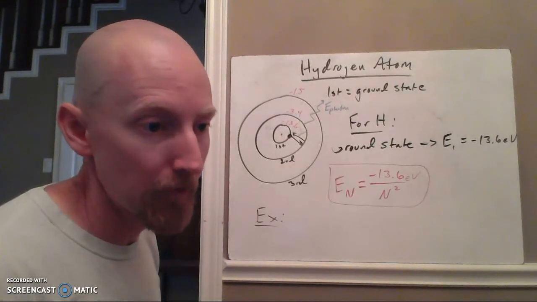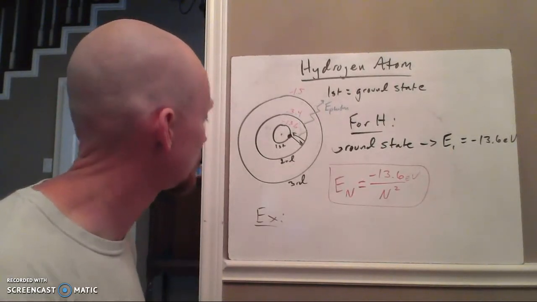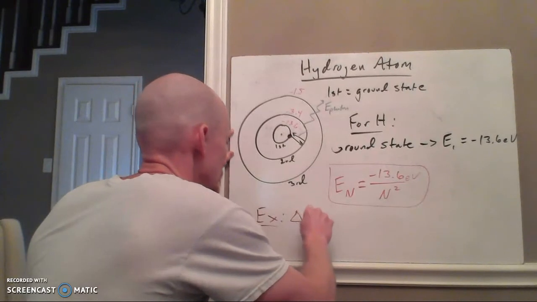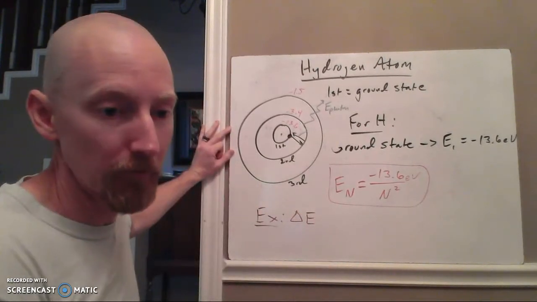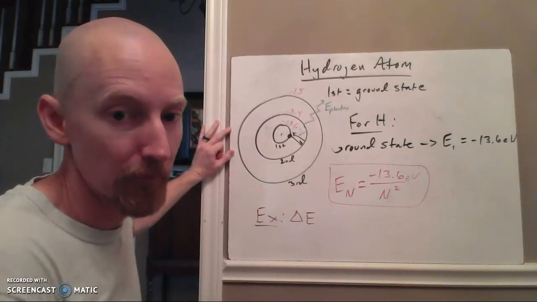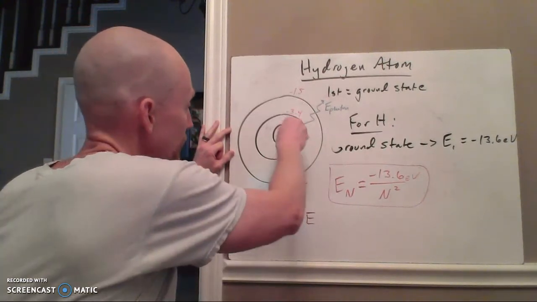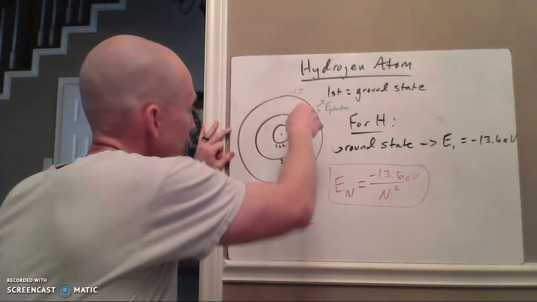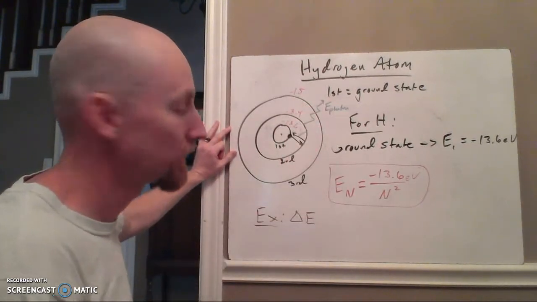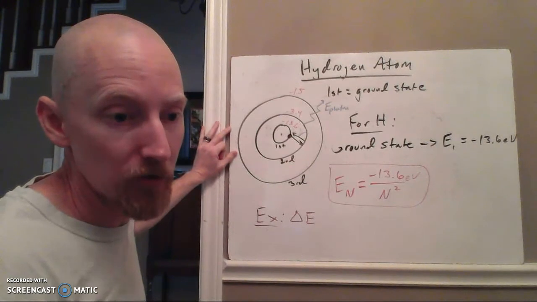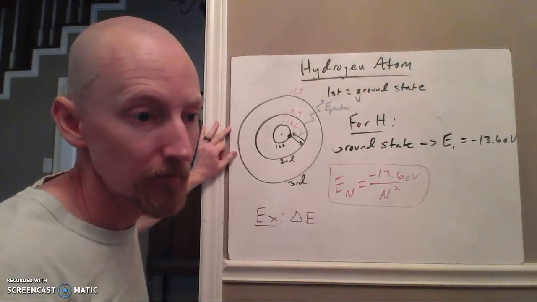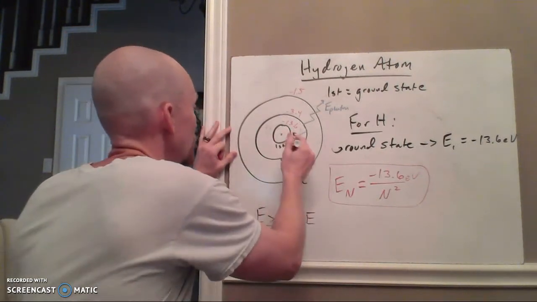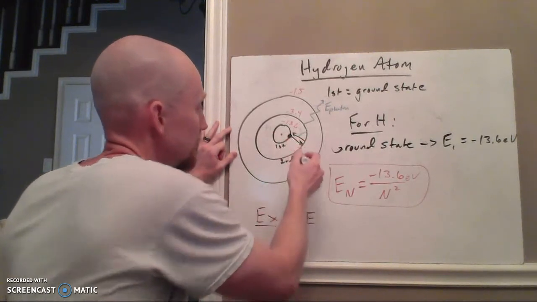All right, as an example problem, what is the delta E to go from the first to the second for hydrogen? Well, if the first is negative 13.6 eV, and to get to the second, it's negative 3.4 eV, then what is that change? What would be the total change to go from here to here?